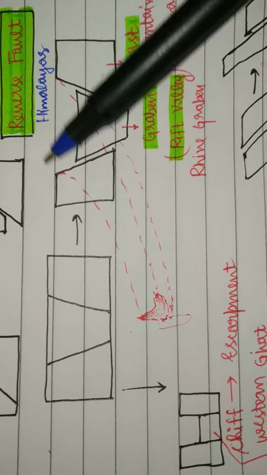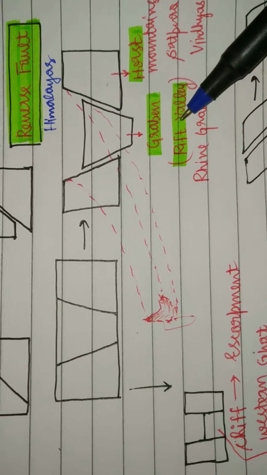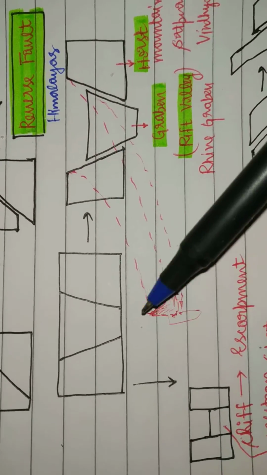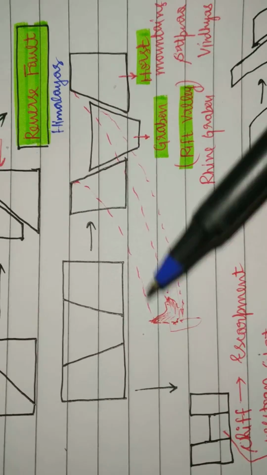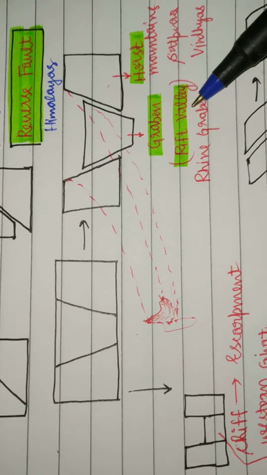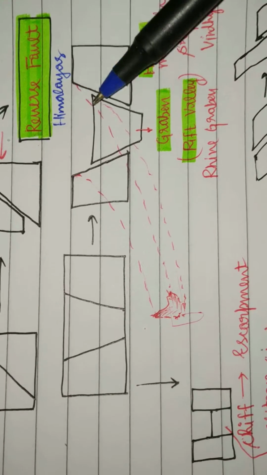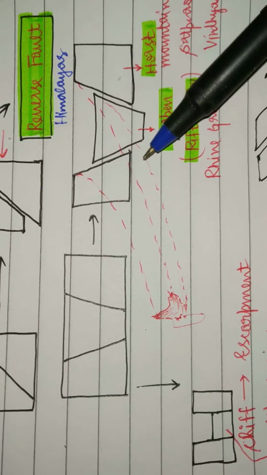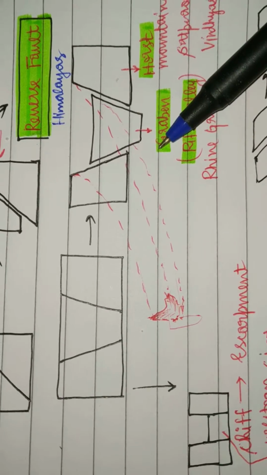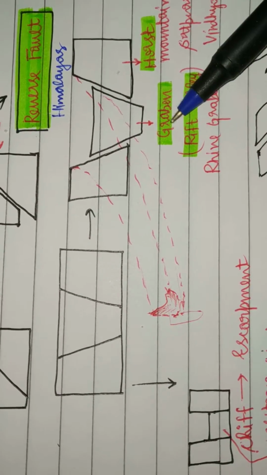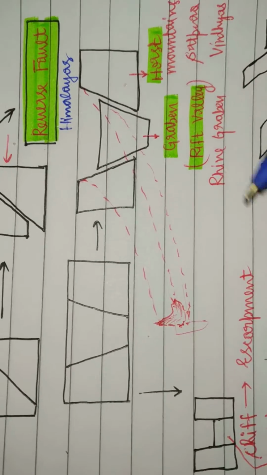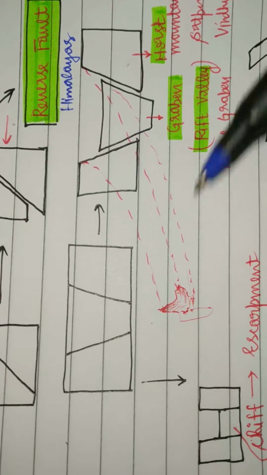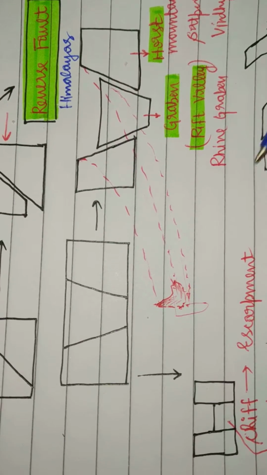If you stand here and see, this is known as graben, and if this happens all along the rock, okay, in 3D, a valley is formed known as rift valley. Elevated portion is known as horst, subsided portion graben. Example, Satpura and Vindhyas, and the Rift Valley, for example, the Rhine River, Rhine Graben.